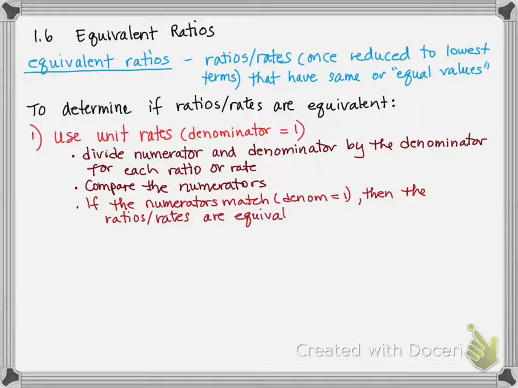So that means if they don't match, then they're not equivalent, right? Okay. So the only problem with that is if the denominator doesn't go in evenly, then it's going to make the division a little bit more challenging.